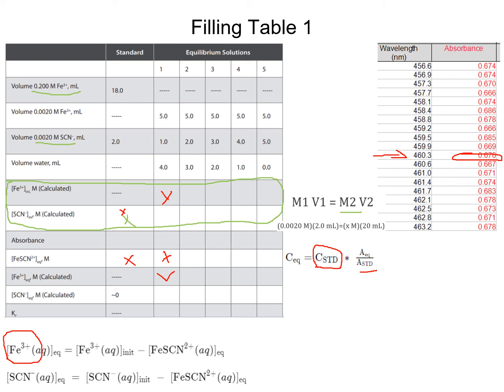And the same thing when you are doing the thiocyanate. You begin here with the thiocyanate, and I will change the color for that so it's not as confusing. Let's do green. So let's do the Y again for the thiocyanate, because you're interested in the final value here.